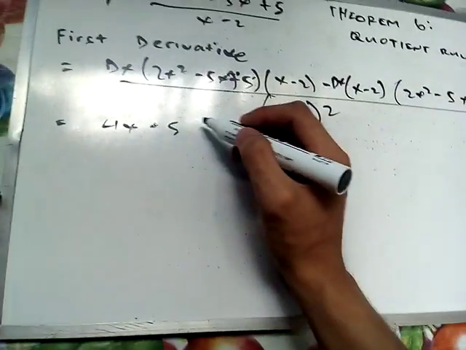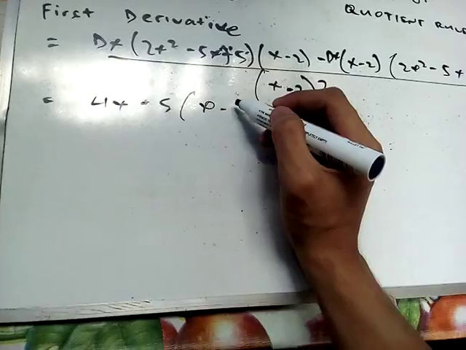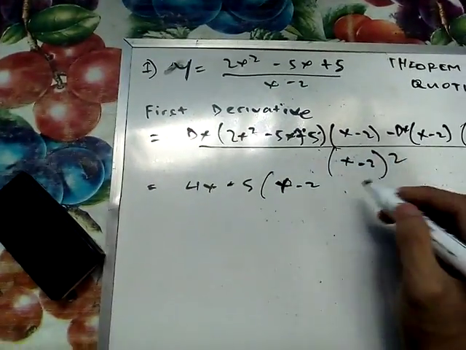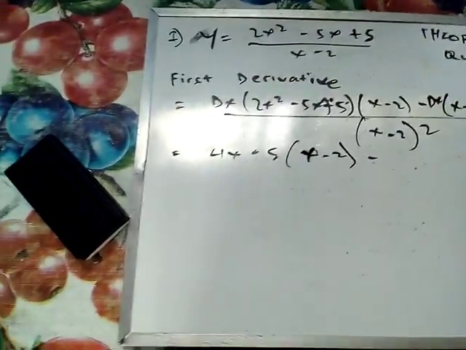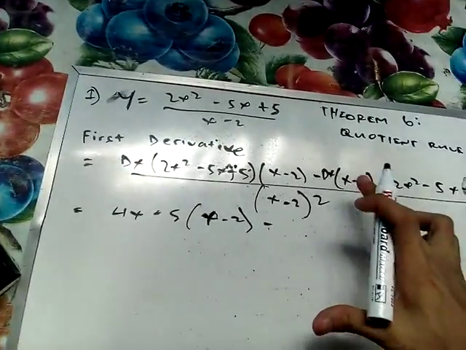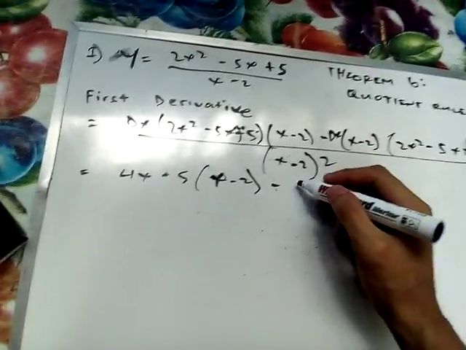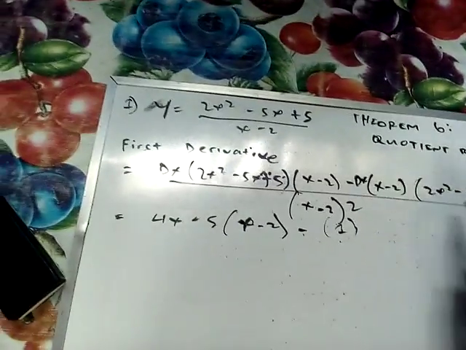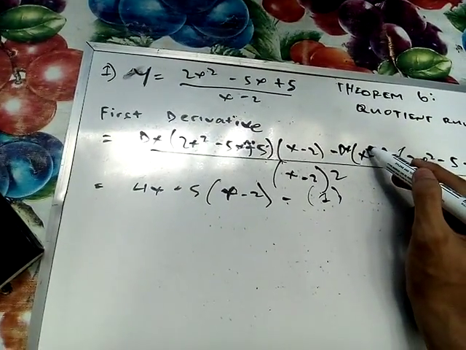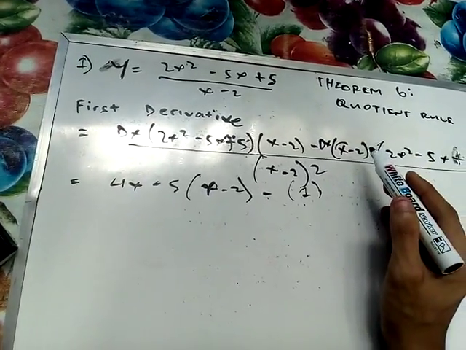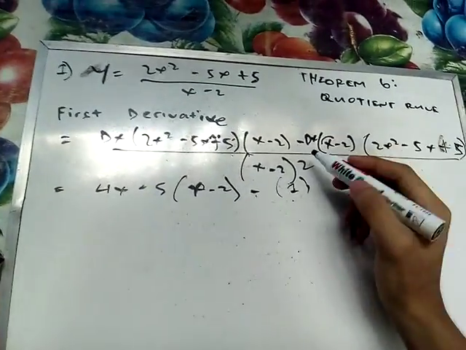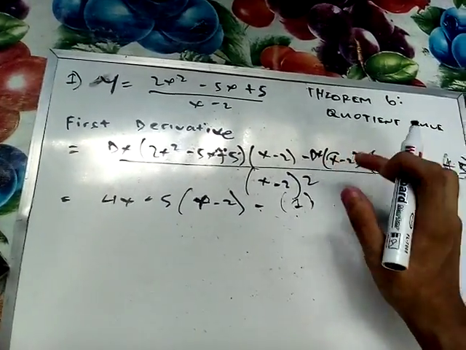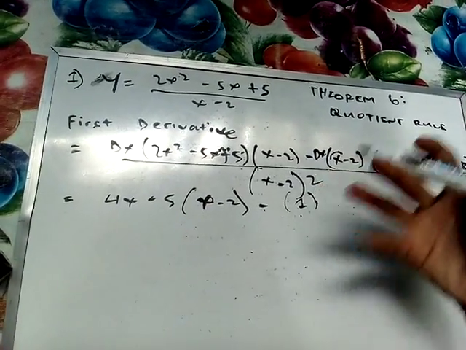So this is then times x minus 2, minus the derivative of x minus 2 is, guess what, 1. It is because 1 is brought down, so it becomes 1 times x, so 1x.